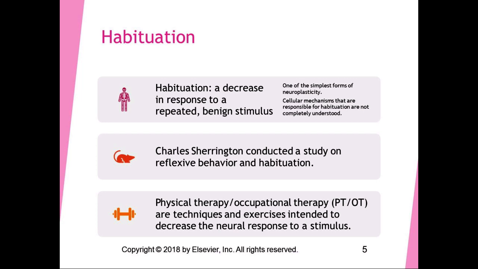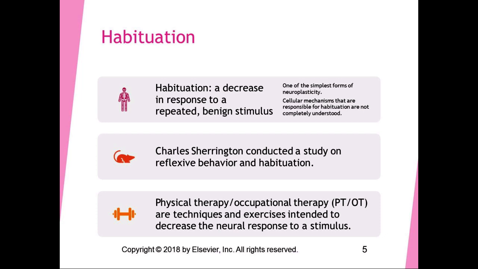So the idea of neuroplasticity and habituation has been around for a long time. In the 1800s, a researcher named Charles Sherrington conducted a study on reflexive behavior and habituation. He was doing it with rats because a lot of basic neuroscience is done with rats because they have a similar chemical profile to human beings, interestingly enough.